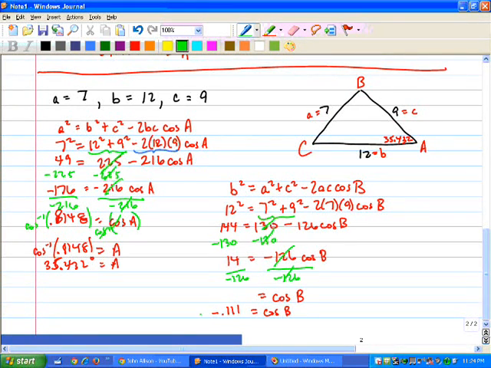Take the cosine inverse of both sides. Cosine inverse cancels the cosine, leaves me with B on the right side.